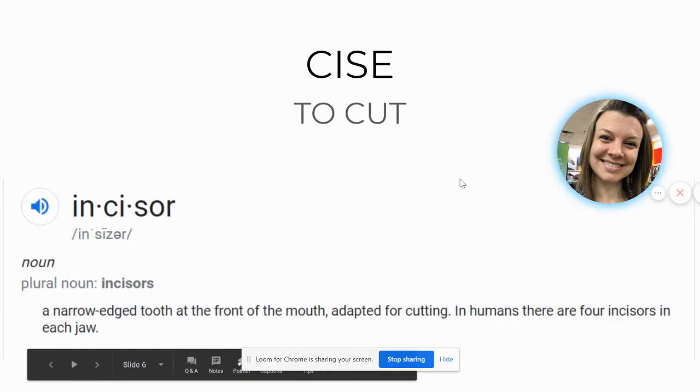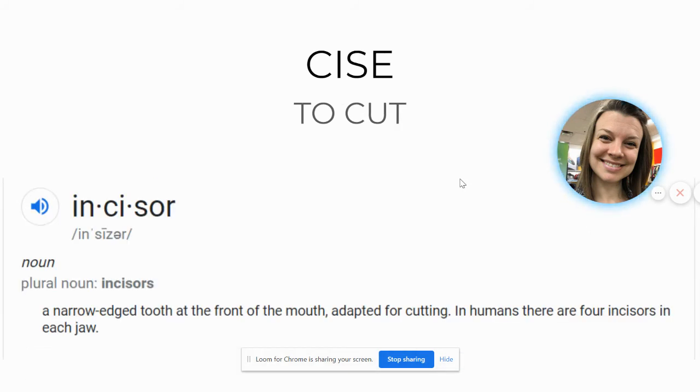The last one, cise. Now, this isn't the kind of size like what is your shoe size. This is also spelled differently. Notice it's spelled C-I-S-E. This means to cut, okay? The example here in incisor, you'll see the C-I-S in the middle of that word right here. And that means the same thing with or without the E on the end, okay?